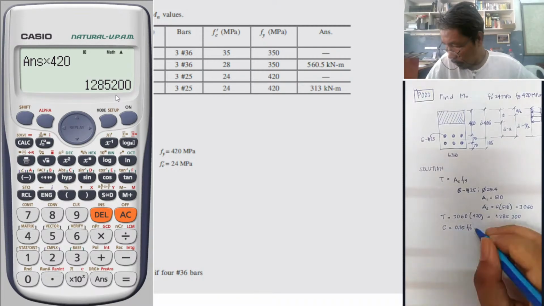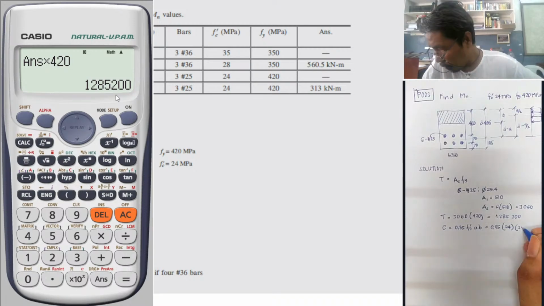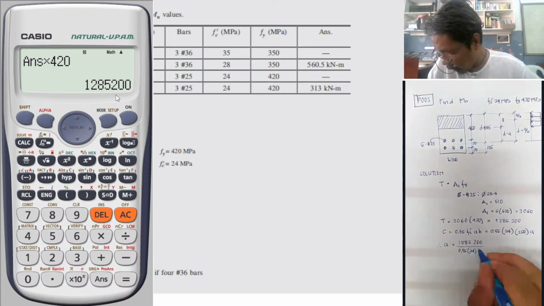Therefore, we have 0.85 FC prime, which is given to be 24, B is 350, and A. So therefore, we can solve for A. So this one divided by this one: 1,285,200 divided by 0.85 divided by 24 divided by 350.